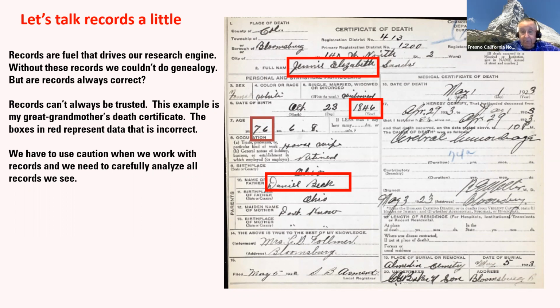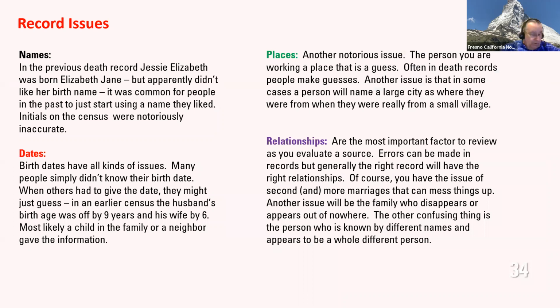So you've got to be a little bit careful there. Time's running late, so I won't go over this in detail, but you've got to be careful. Names are going to vary on records, so be real careful. Don't dismiss something just because the name's different. It might be Caroline on one thing and Amanda on the other because her name's Amanda Caroline. The dates will vary from record to record.